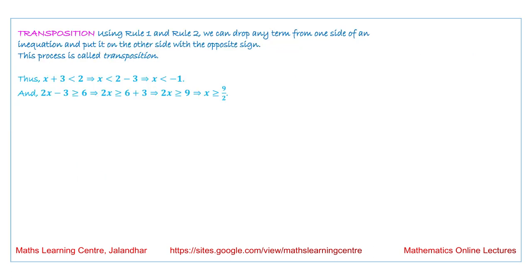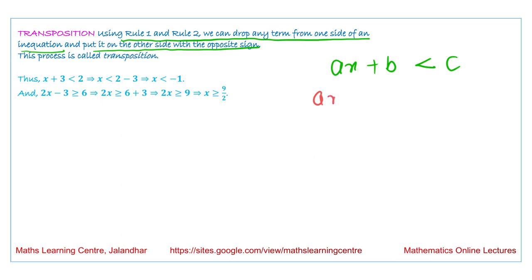Next we have transposition. Using rules 1 and 2 we can drop any term from one side of an inequation and put it on the other side with the opposite sign. So, we are talking about ax plus b is less than c, and from our first and second rule we can write ax plus b minus c is less than c minus c. So, this gives us ax plus b minus c is less than 0.